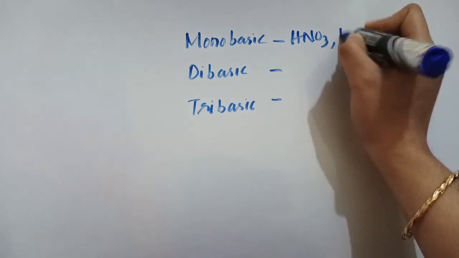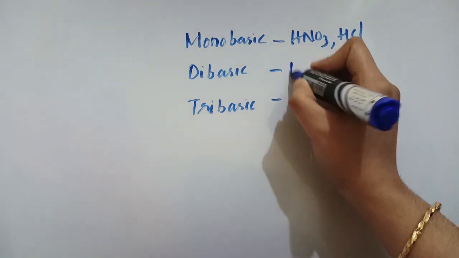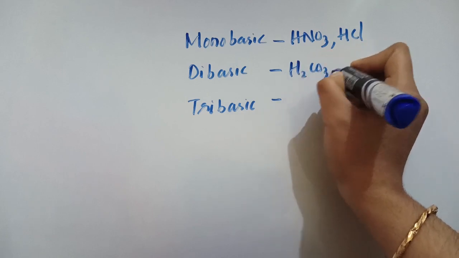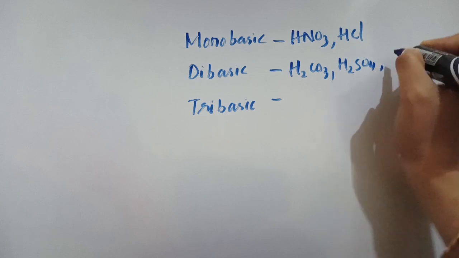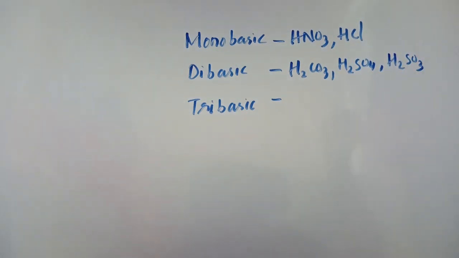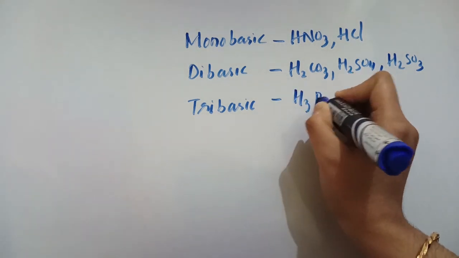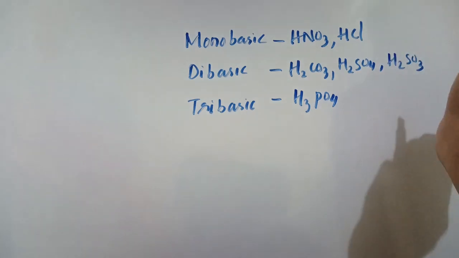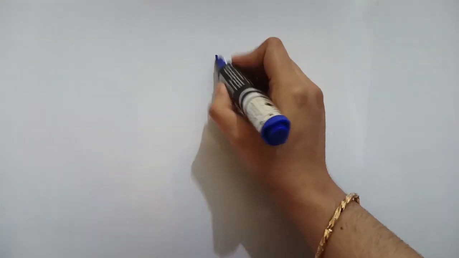HNO3 and HCl are examples for monobasic. H2CO3, H2SO4 and H2SO3 are examples for dibasic, and H3PO4 is the example for tribasic.